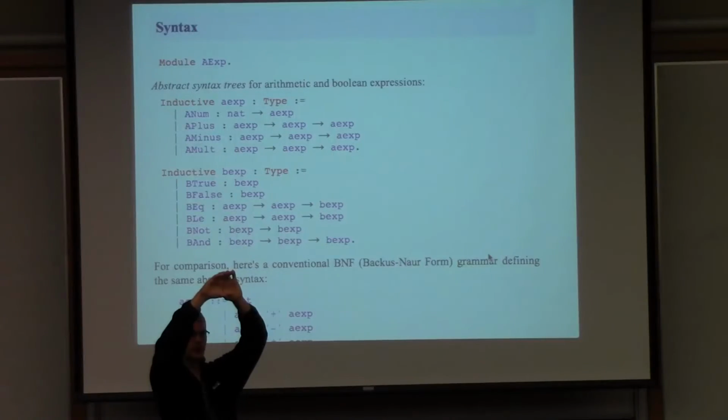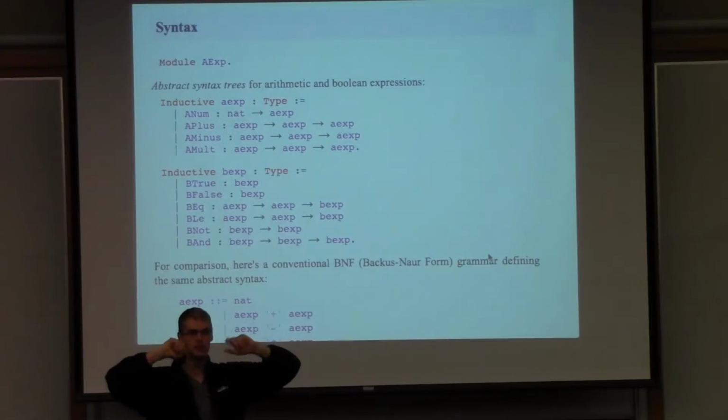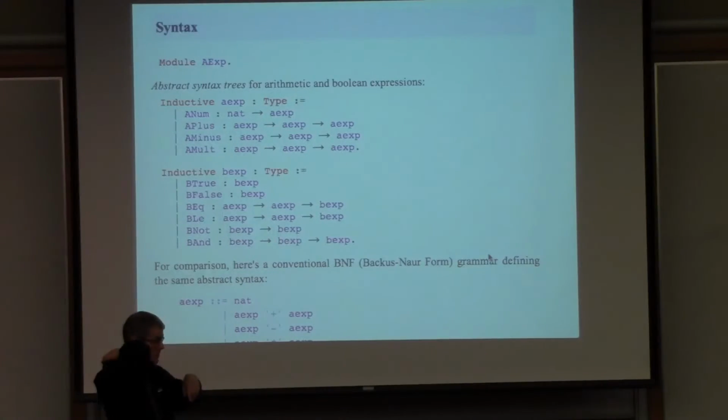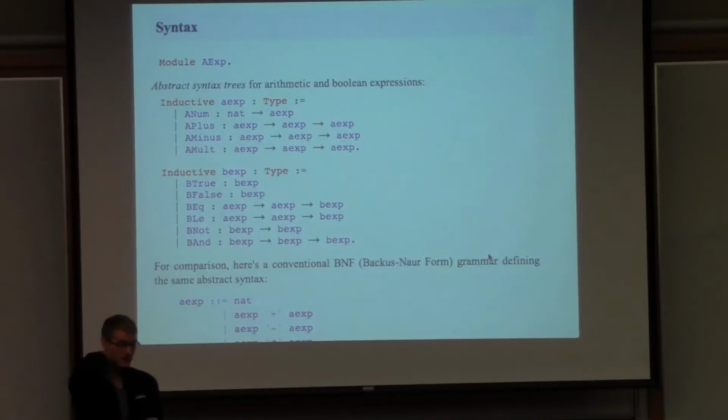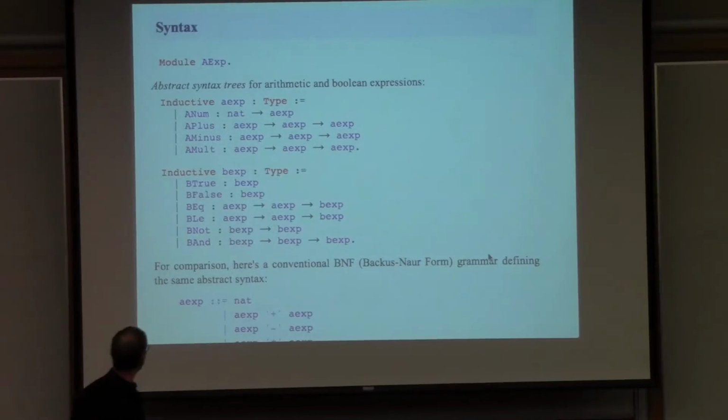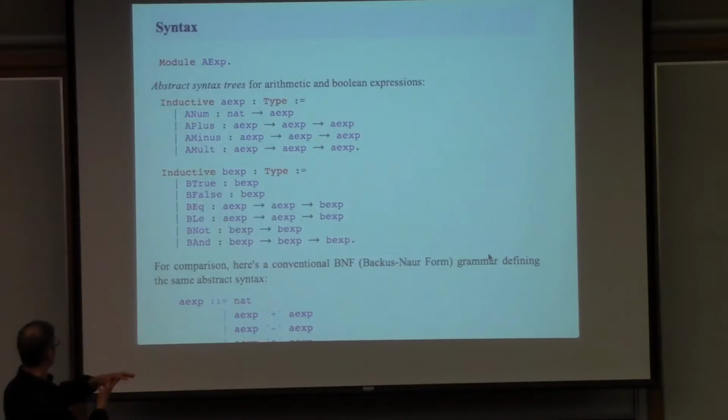There are numeric expressions, and then there are Boolean expressions built over those that get used in conditionals and so on. And then there are commands, which are the actual programs. So arithmetic expressions, there are, for present purposes, four kinds of them. There are constant numbers, and then there's plus, minus, and multiplication.